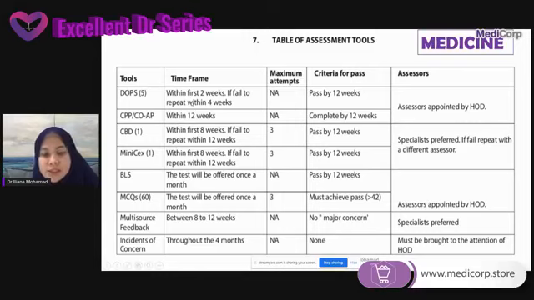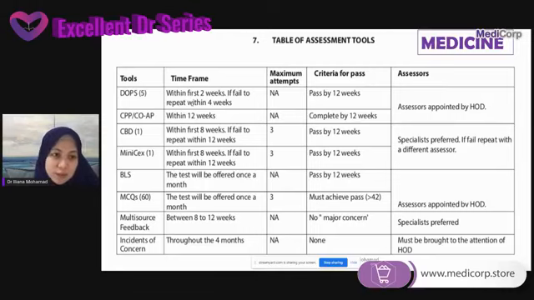Okay, so this is a quite simple table when you have only one CBD and one mini-CEX. But take note that some departments might have more than one CBD and mini-CEX. Some departments might require you to pass 2 CBD or 2 CEX.